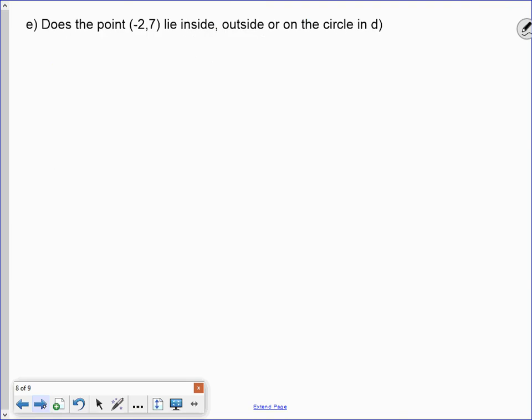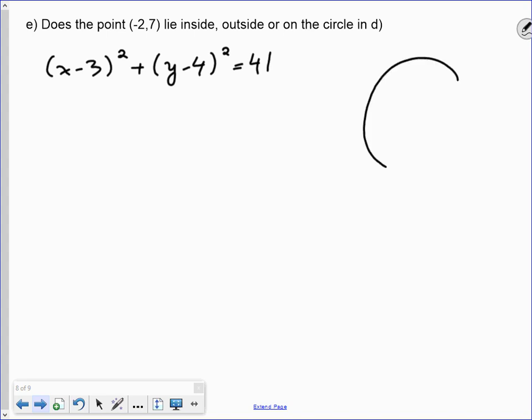All right, our final question here. Does the point negative 2, 7 lie inside, outside, or on the circle from part D? Well, we've got the equation of the circle to work with here. We know our equation is x minus 3 squared plus y minus 4 squared equals 41. So we have this circle here with our center 3, 4, and they're giving us this point negative 2, 7.